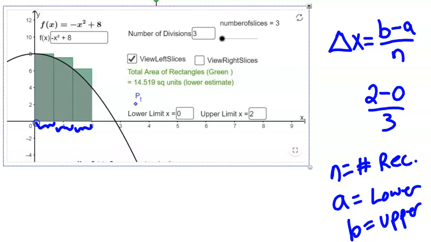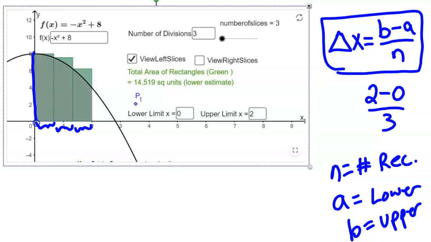So that's the first thing we'll need to set this up. Now, the other thing we need is the height of the rectangles. If this is the left slices, we want these lengths here, this length, and this length. If we generalize that formula, I'm going to use the notation lowercase m sub i, with i standing for the rectangle we're on, so 1, 2, 3 for i, and the lowercase m is going to represent that height.